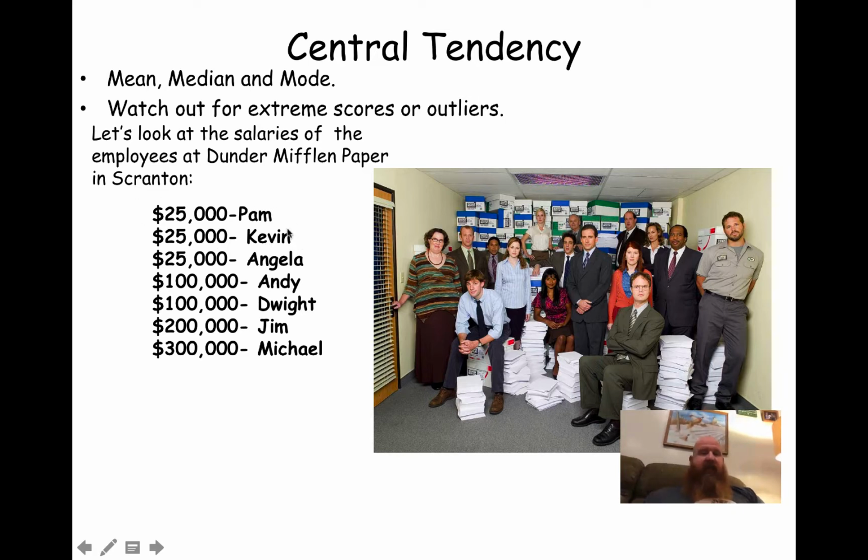Pam is a receptionist. Kevin and Angela are the accountants. Andy and Dwight, the salesmen, make $100,000 a year. Jim, the number 2 in the office, makes $200,000, and Michael Scott, the branch manager, makes $300,000 a year. Based on the television show, that is not the case, but just for the purpose of this example, we have a data set.